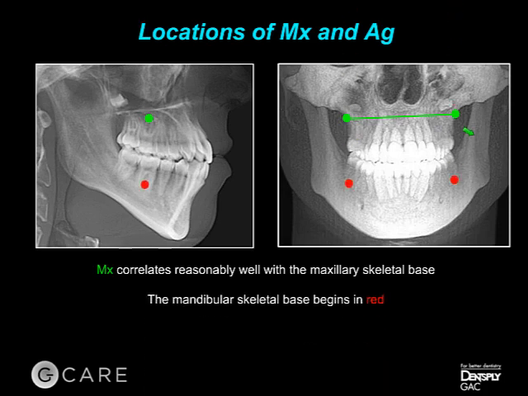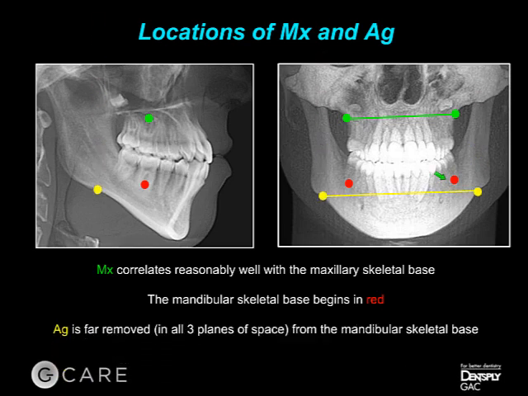But if we flip that thought around and we look at the mandibular skeletal base based on the mucogingival junction that we just talked about, this is kind of going to be where we're looking at right here. But when we're looking at the AGAG, this is really where we're measuring. So in the frontal plane, this looks very reasonable, but if you look here in the sagittal, AG is really far removed from the mandibular skeletal base.